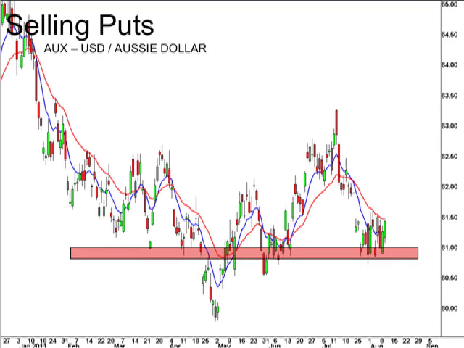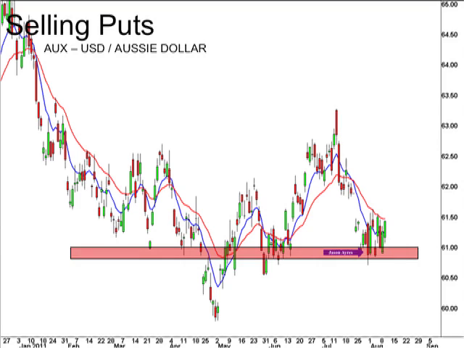Now, we're looking at determining whether or not it's appropriate to implement any sort of options writing strategy. Once again, the consideration has to do with whether or not we see any very strong support and resistance levels. Here we have the AUX, again the US dollar versus the Australian dollar, and you're looking at a reasonable support level across that 61 zone.